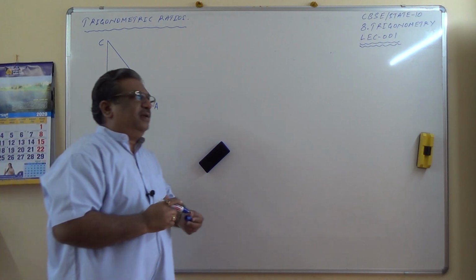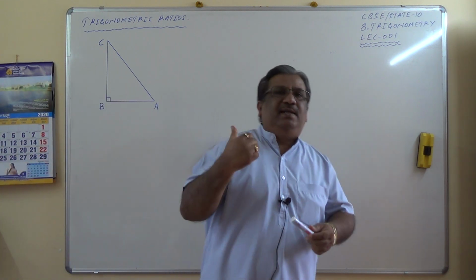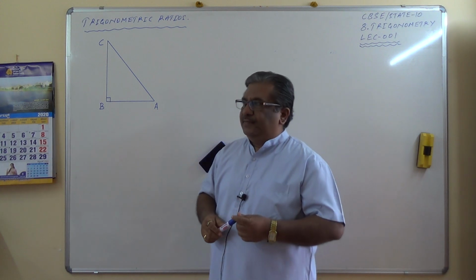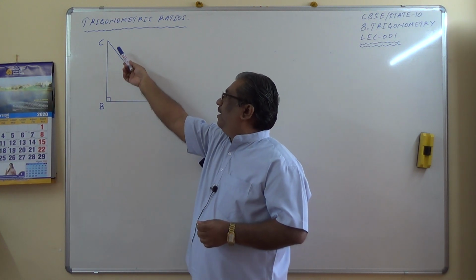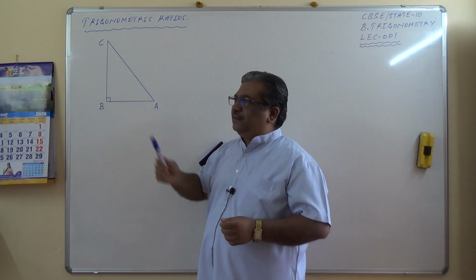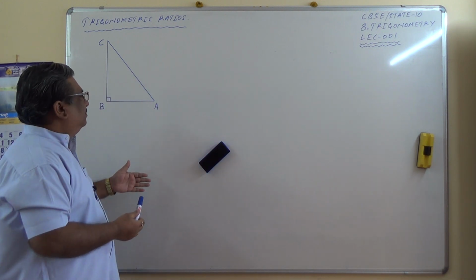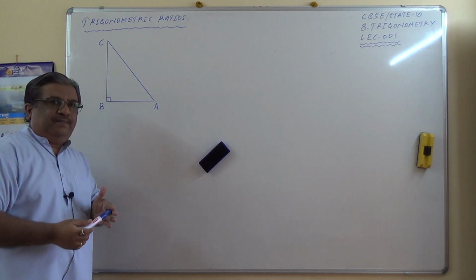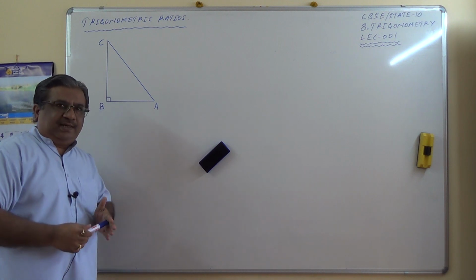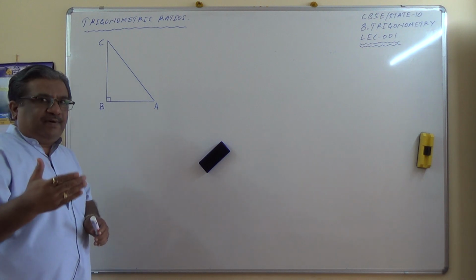Can you identify the perpendicular and base in this diagram? AB, BC and AC, there are three sides for a right triangle. Can you identify the hypotenuse, base and perpendicular? Let us put some effort.